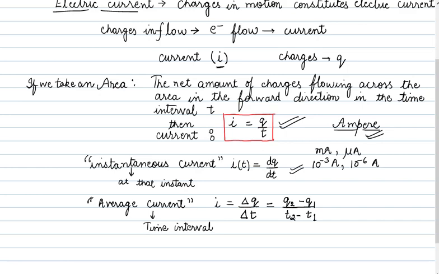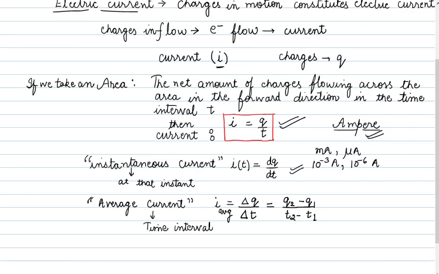Whenever you have to take the average, you have to take the change in the charge and the change in the time. Then you put in the values of the change in charge and the change in time, and you will get the average of the current. You can put a suffix average here. So this will give us the average current.